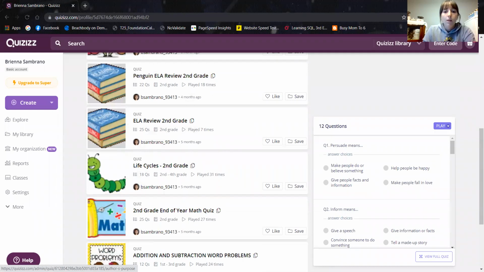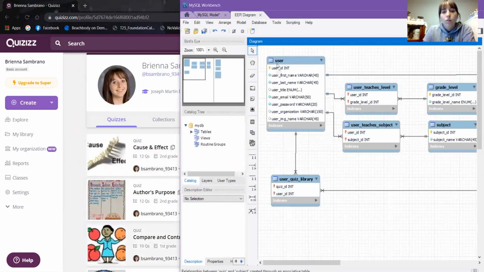So I went back into my SQL and created an entity for user, gave each user a unique ID, which would be their primary key, and first and last name are varchar. For the title, I used the enum, the enumerated data type, and put those 4 options: Mr., Mrs., Doctor, or Miss. And that can be null because that's not required.